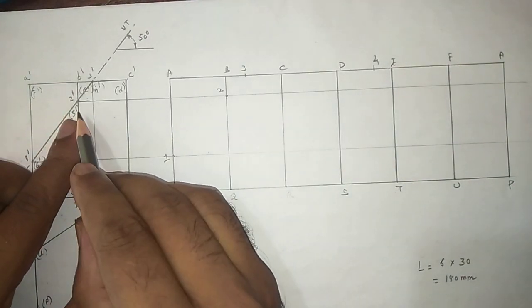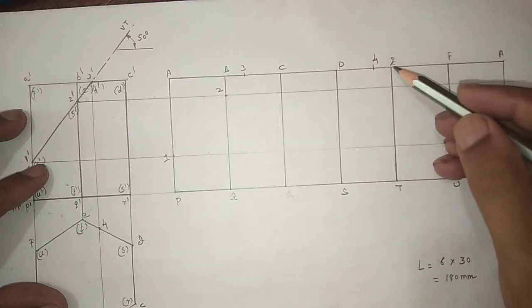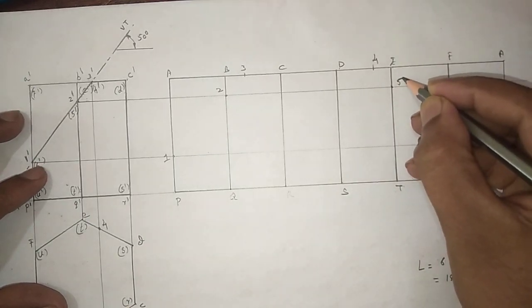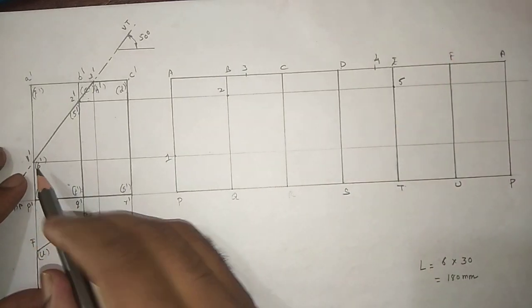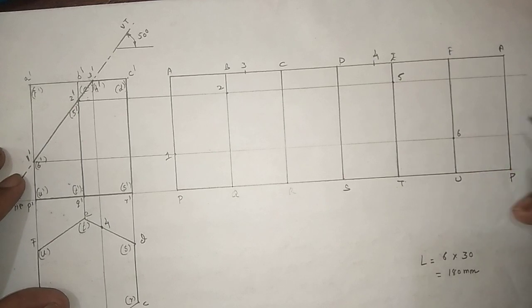Next, point number 5 is located on the invisible longer edge E and T. This is the invisible longer edge E and T. This is point number 5, and point number 6 is located on the invisible longer edge F and U. F and U invisible longer edge. This is point number 6, and again the longer edge A and P is visible. The point number is 1.